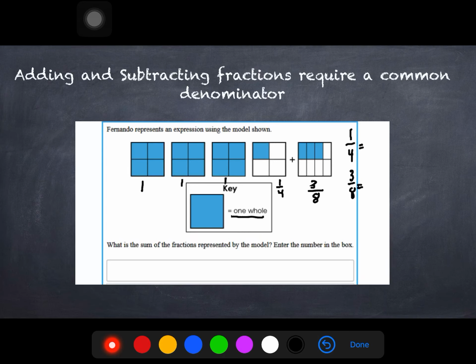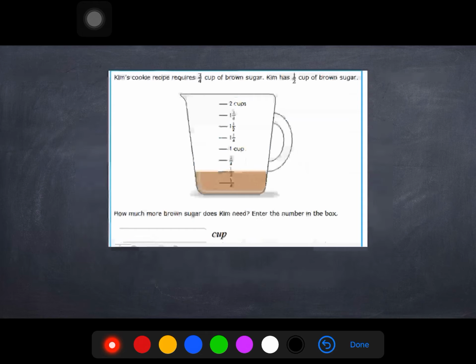I hope as I'm writing this, you're already thinking that I could use 8 as my denominator, because 1/4 is 2/8. So 2/8 plus 3/8 gives me 5/8. And then I have 1, 2, 3. That's why the sum is 3 and 5/8.